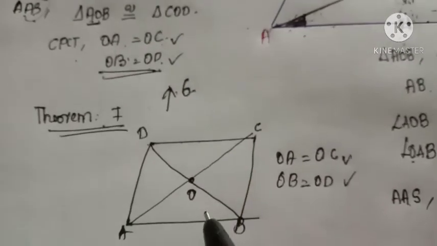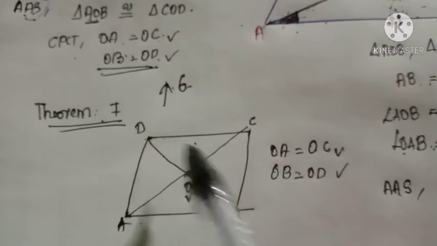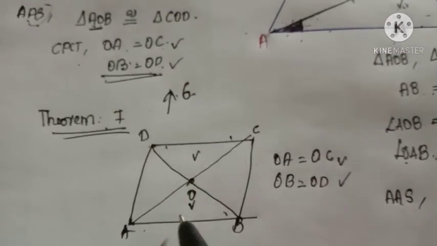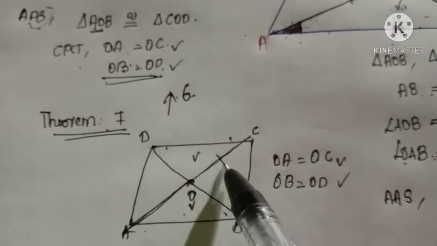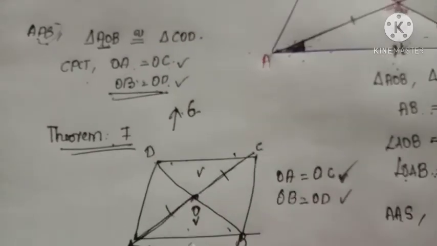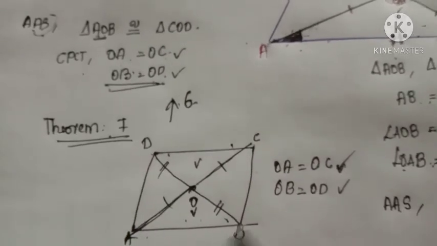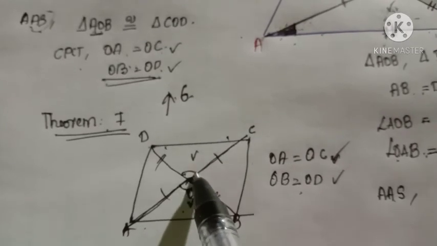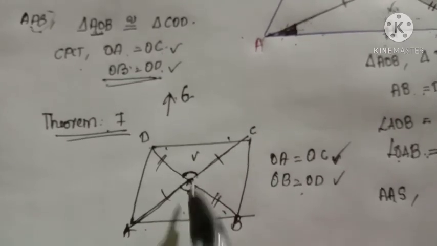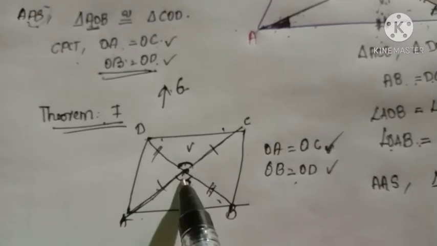Here we can consider these two triangles again, AOB and DOC. In this triangle, OA side is equal to OC side. Yes. In this triangle, OB side equal to OD side. That is also given. Now listen, these two angles. What are these angles? Vertically opposite angles. So we have two sides and one angle.